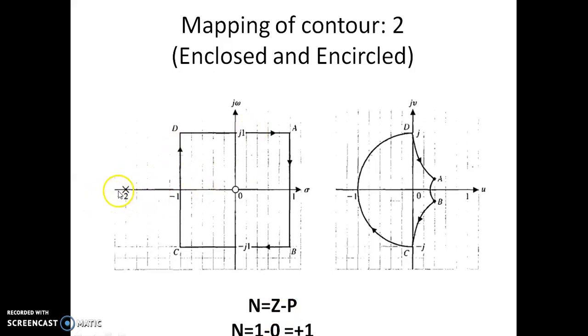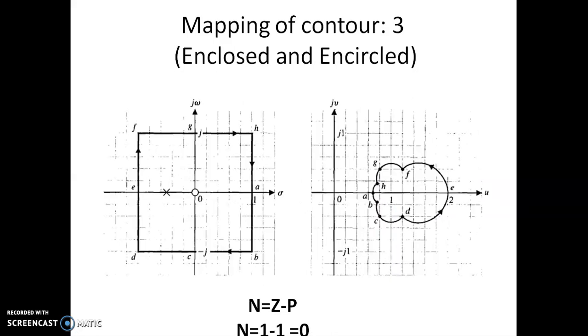This is on the left hand side of the s plane, so that's why P is equal to 0. So now N is equal to 1 minus 0. So this contour, which is enclosing only one 0 of f of s, is encircling the origin of the f of s plane once in the clockwise direction. So that's the meaning of N equal to plus 1.